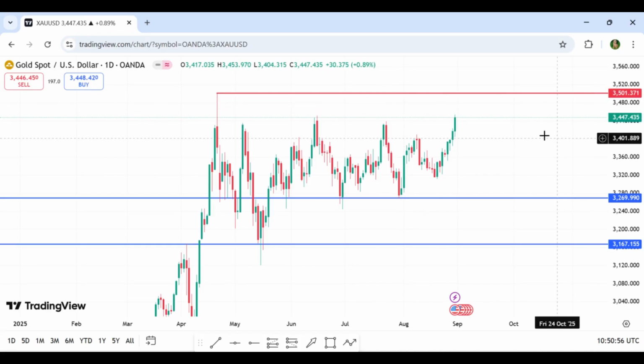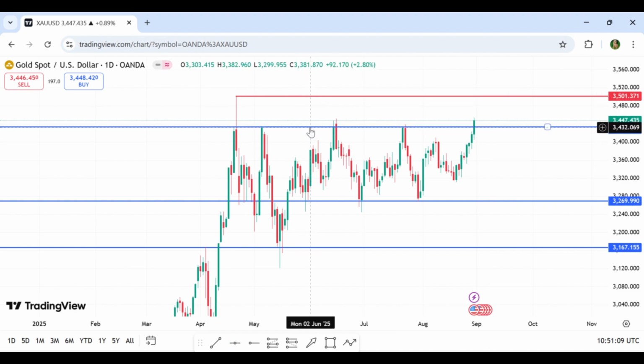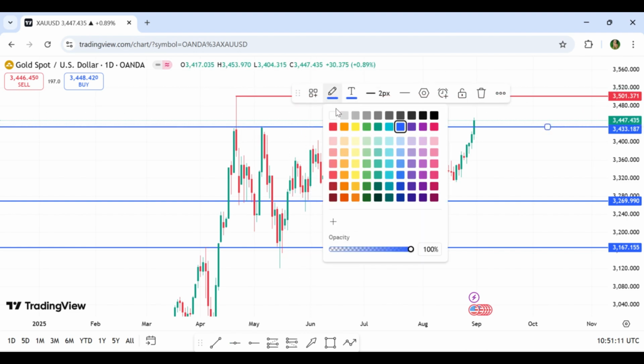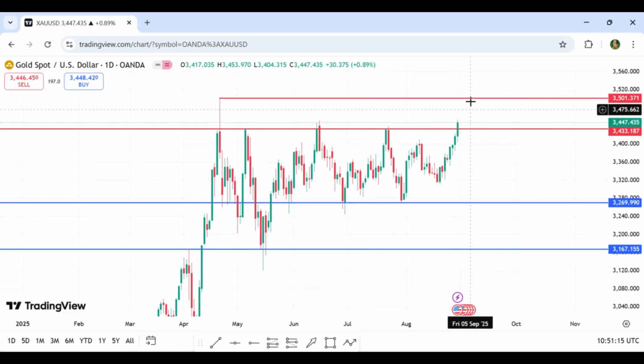And then of course the most recent one is this one that we are marking right here, because currently the market is reacting to it, so we can have it in red for our psychology to look for sales.